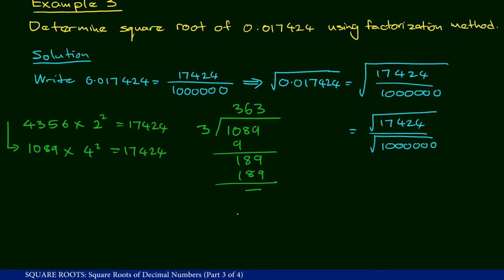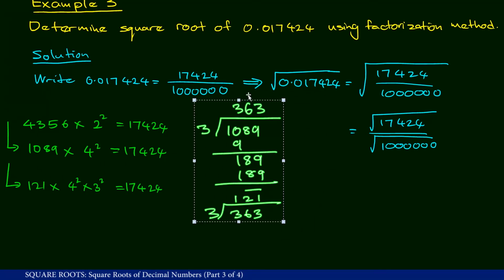So this new quotient 363 divided by 3. This is going to be an easy one. That is going to be 121. So we have got somewhere. So this is going to be 121 times 4 squared times 3 squared. So this is 17,424.